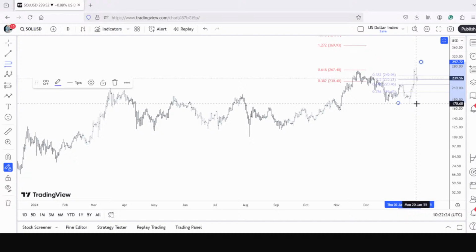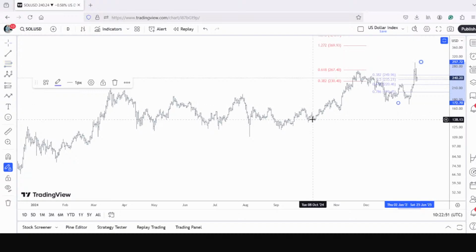So stop goes around 170, which is almost 100 points of risk, and 239 to 369. Okay, that is still okay, just about 1 to 1.25 kind of a risk reward ratio. But right now the stop loss has to go below 172 if you want to trade Solana on the long side.